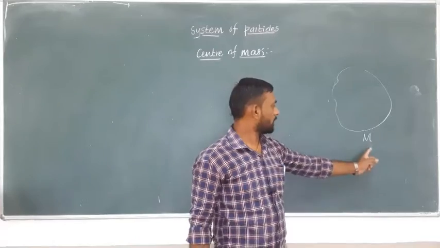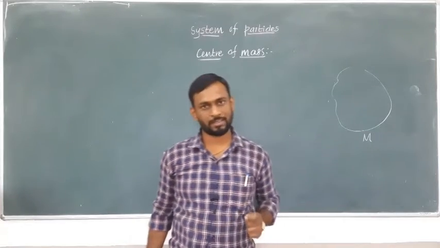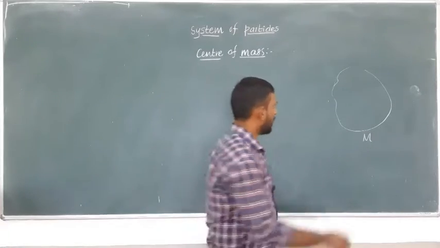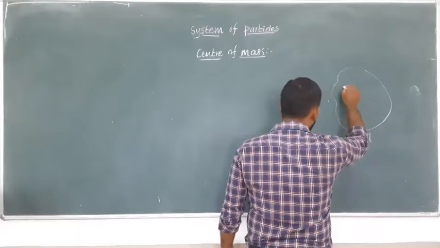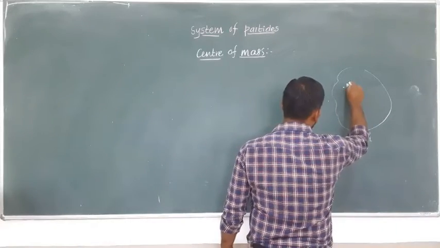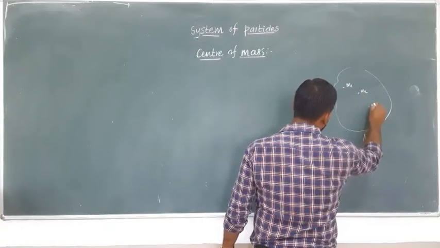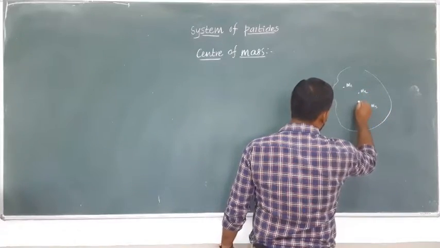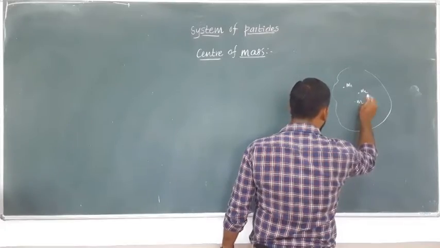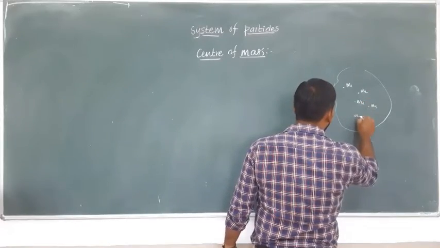This rigid body's mass consists of tiny particles. Suppose this is M1, the second particle is M2, the third particle is M3, and let i be any particle, up to Mn.